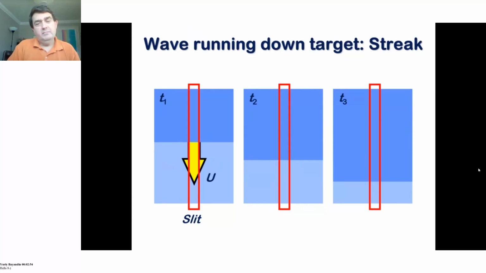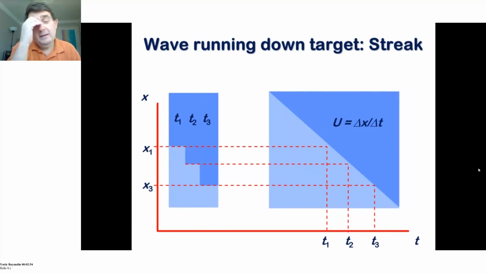On the left-hand side there is the idea of the individual frames, and on the right-hand side is a kind of streak image. The vertical axis represents distance, and the horizontal axis represents time. And it's very good for measuring velocity or variation in velocity in material.